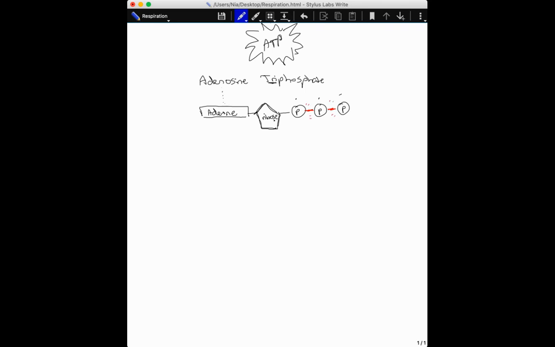They have a low activation energy, which means they're very easily broken. So that is an advantage if you want to just release a small packet of energy as and when you need it within the cell to power chemical reactions as they happen. But it's not a good way of storing energy long term, because you'd have these phosphates pinging off all over the place.